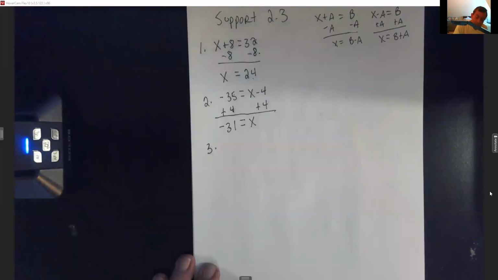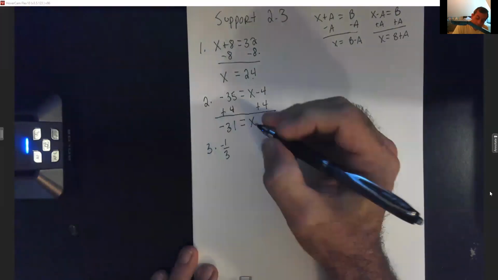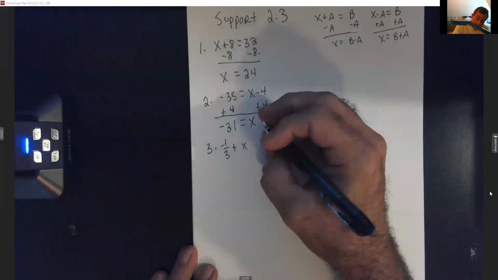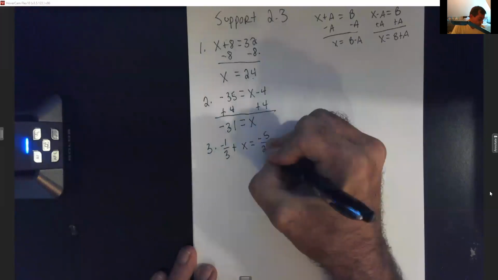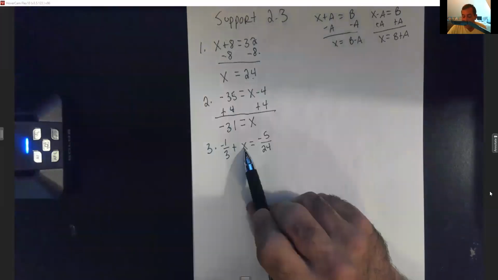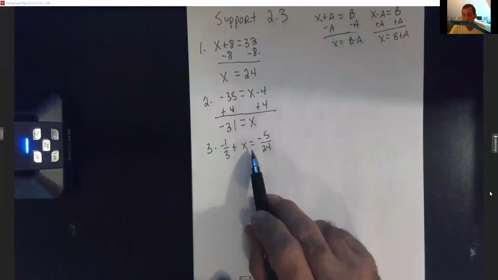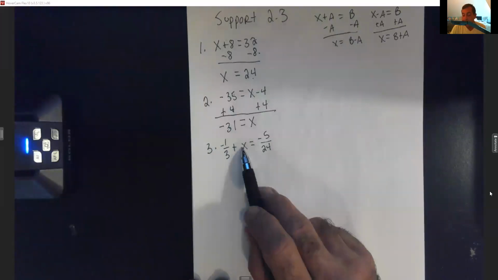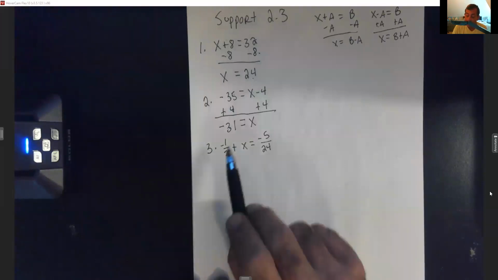All right, so the next one, I got a negative 1/3 plus x equals negative 5 over 24. So they want me to get the x by itself still. Now, if the variable had a fraction too, I would do this problem totally different, but there's not a number in front of the variable.